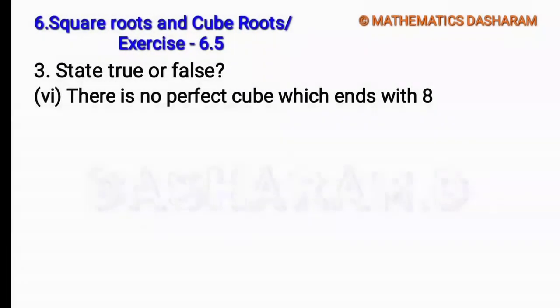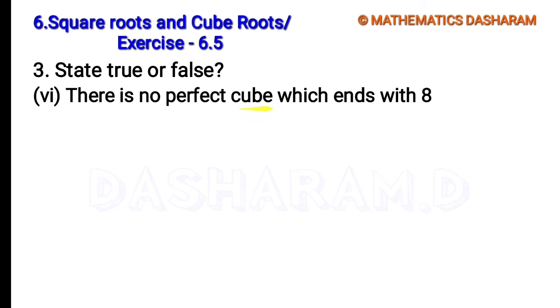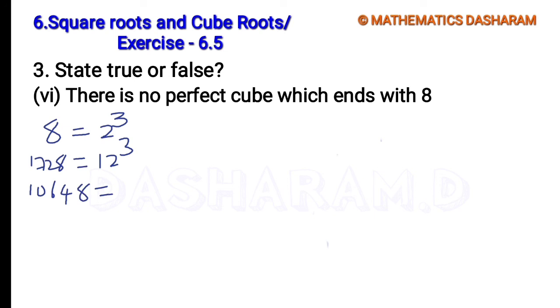Next, sixth question, there is no perfect cube which ends with 8. So here 8 is a perfect cube because it is equal to 2 cube. Next, 1728 is also a perfect cube because it is equal to 12 cube. So 10,648 is also a perfect cube because it is equal to 22 cube.